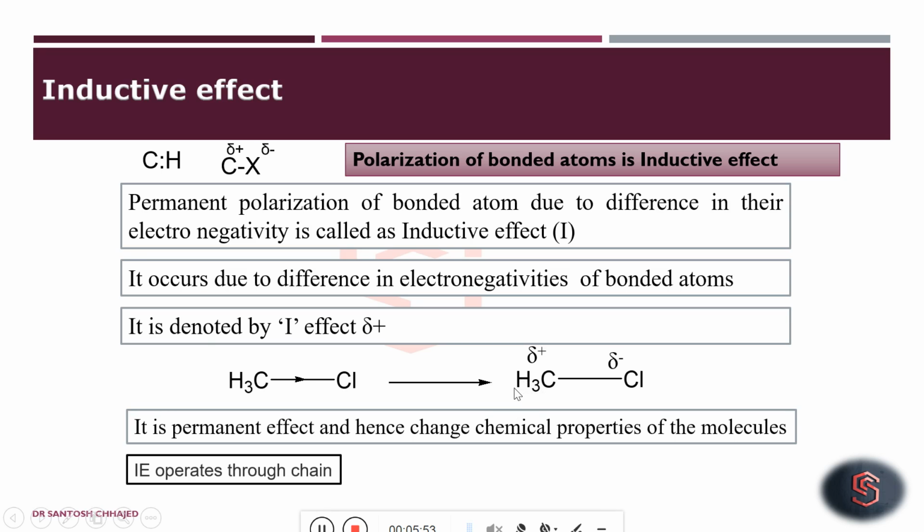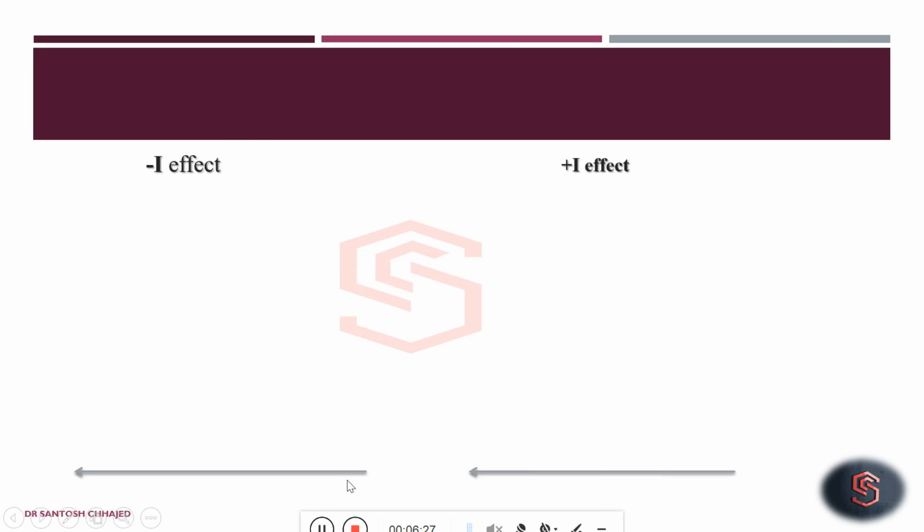If the distance of the carbon from the electron withdrawing group increases, the last carbon or last element becomes less deficient in electrons. So we can say inductive effect operates through the chain, but it weakens as the distance from the electron withdrawing group increases. Most importantly, this is a permanent effect, hence the chemical properties of the molecule are affected.